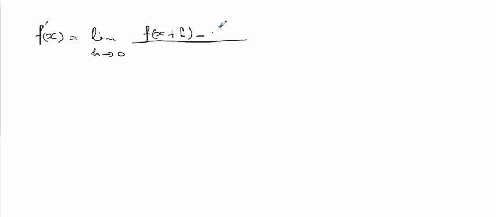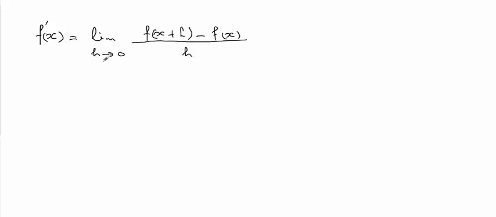So we start by denoting f prime of x is equal to the limit as h is approaching 0 of this incremental quotient, which is f at x plus h minus f at x over h.